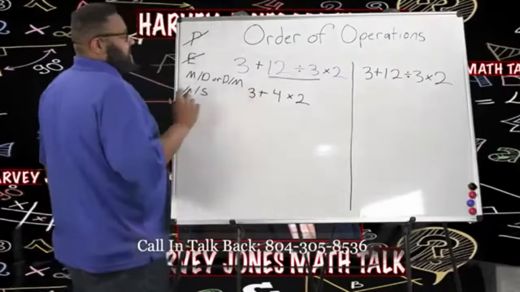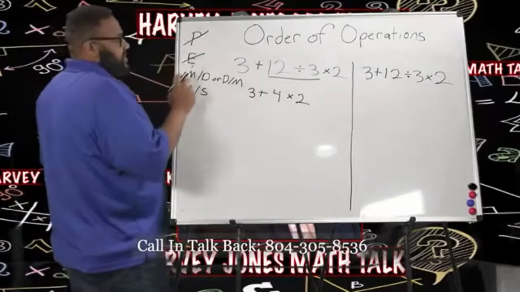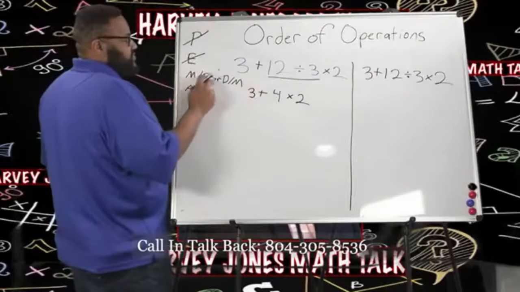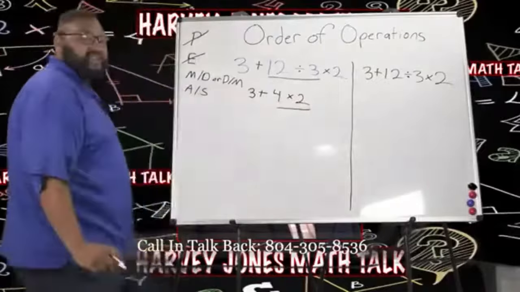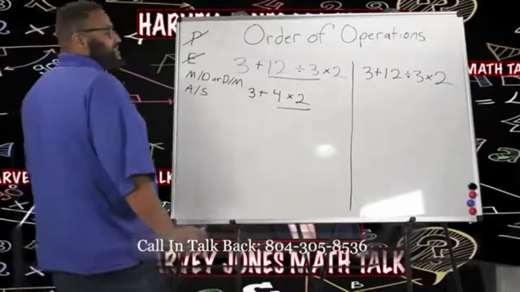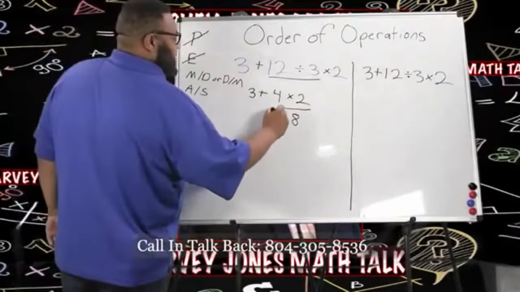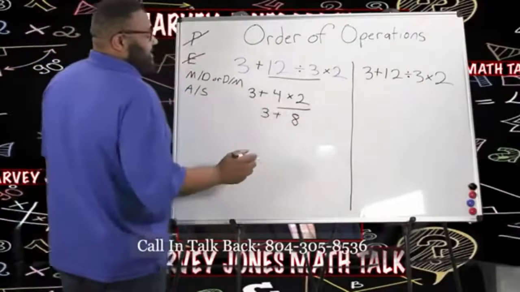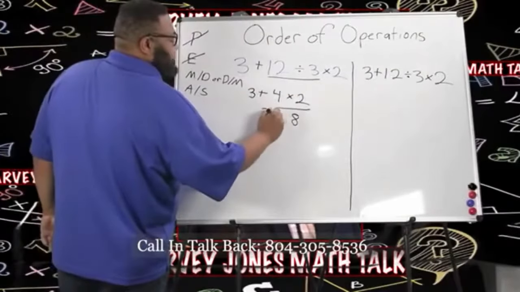All right. So I go back here. No parentheses, no exponents. Is there multiplication division or division multiplication? Guess what I have here? I have multiplication here. 4 times 2 is 8 plus 3. It's important to pay attention to your operation signs.